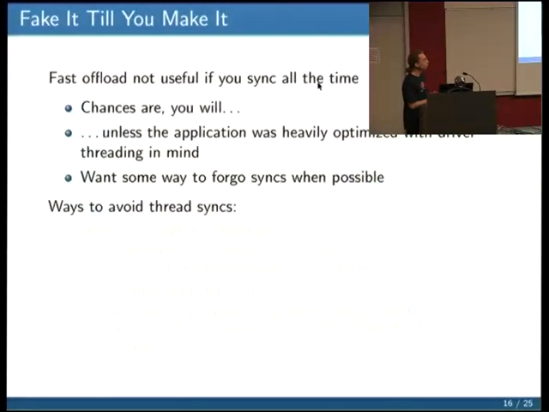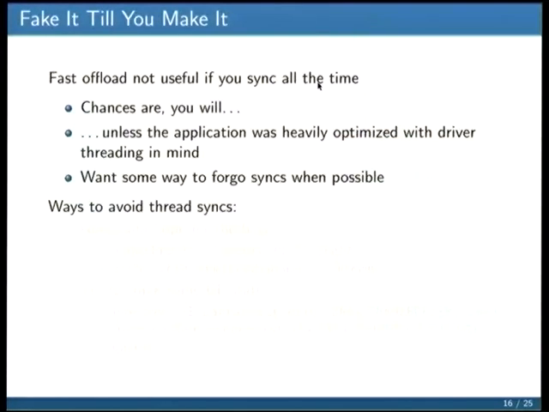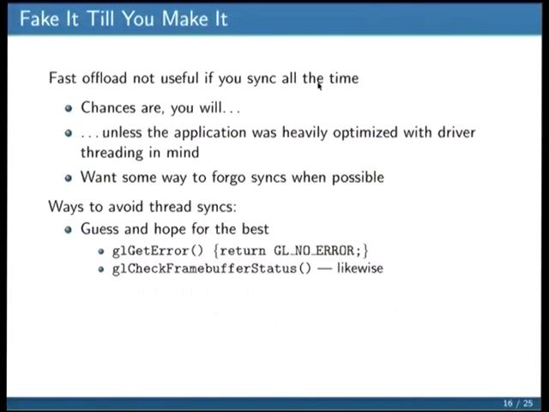So looking at such a profile, naturally one probably wants to have some workarounds to make those synchronizations not happen. And there are some ways to do that. For example, for GL get error and check frame buffer status, we can try to guess and maybe lie to the application, but if that is an opt-in feature and may happen to work correctly on some games, well, why not?